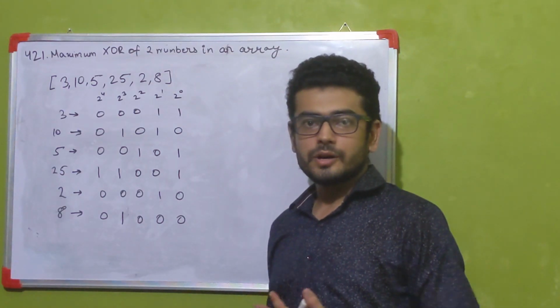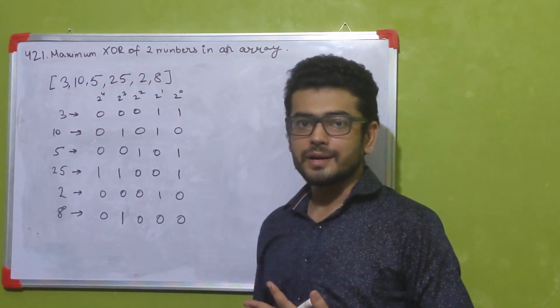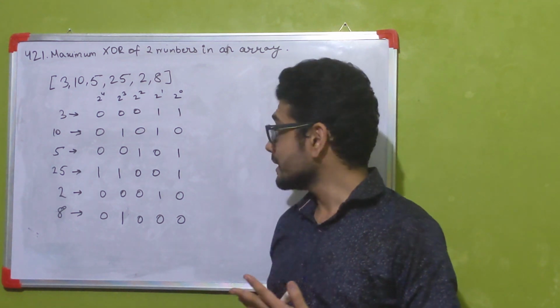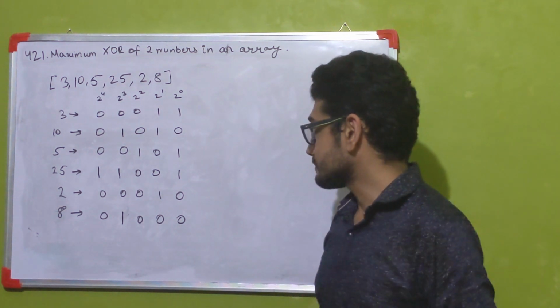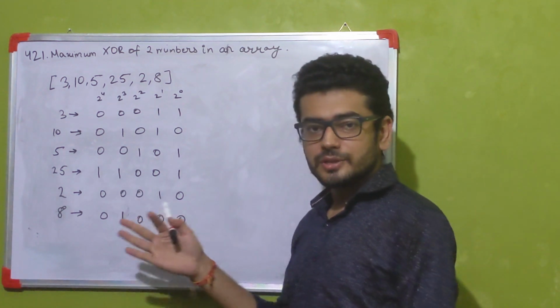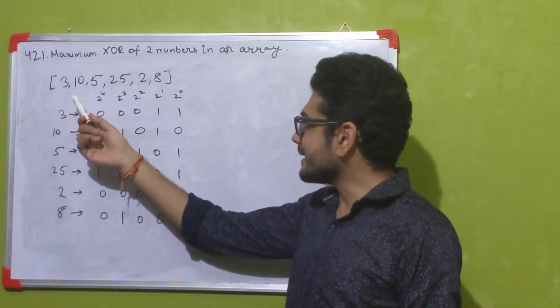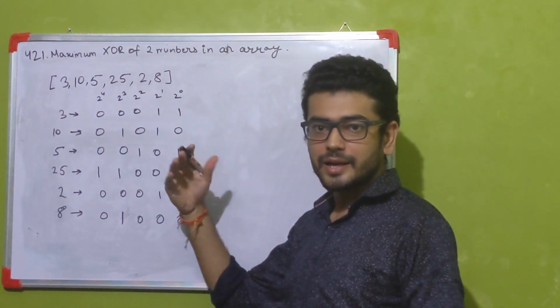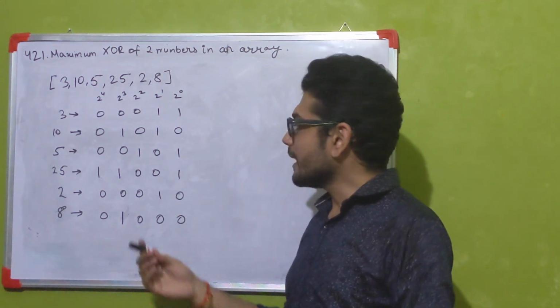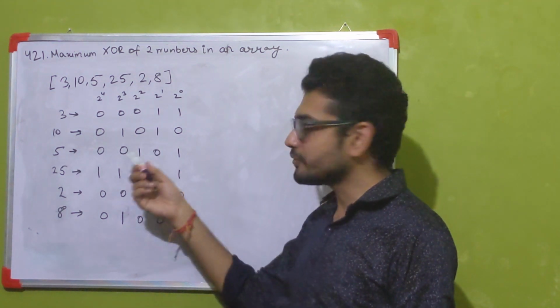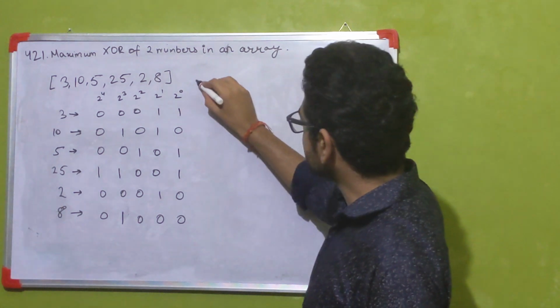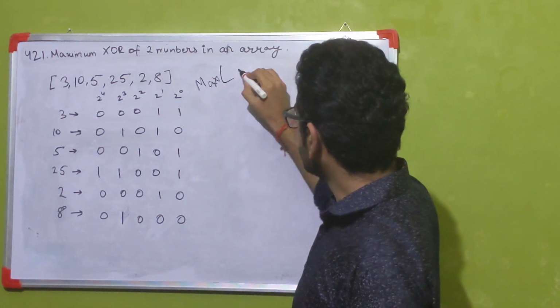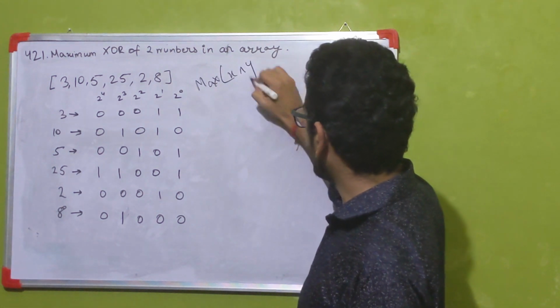Now that we know how to represent a number in binary and how to find the XOR of two numbers, let's see how we can solve this problem. The first possible solution that comes to my mind is to iterate across all these numbers in two nested for loops, and for each pair find the XOR, which is max of XOR of x and y.